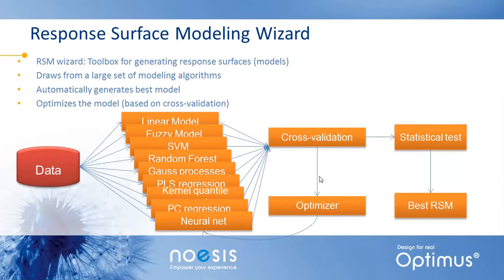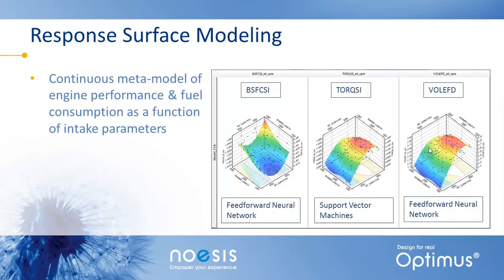And therefore we use a response surface modeling wizard, which will try a whole set of different response surface modeling techniques on the data set, and it will automatically, for every output, generate the best model based on some cross-validation and some other statistical tests. And the model we will get at the end of this toolbox run will be the best model for that specific output.